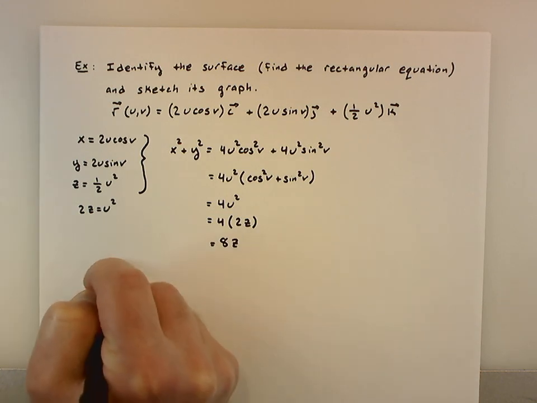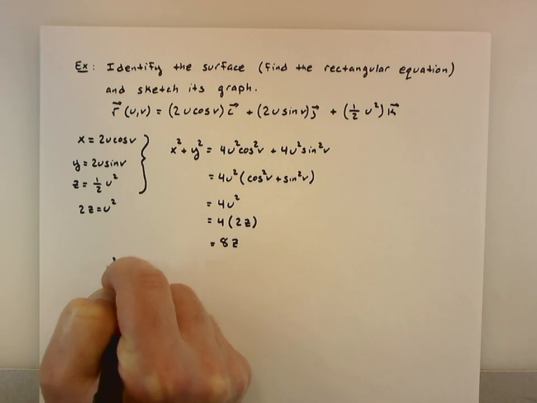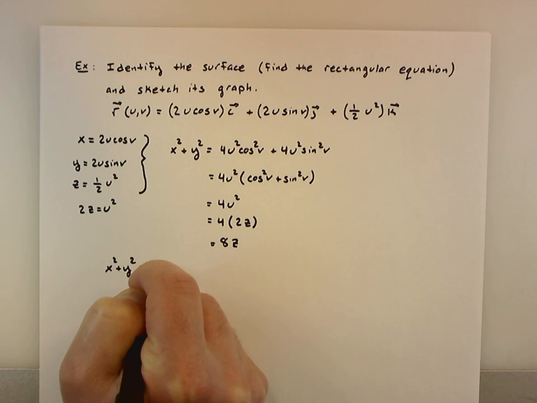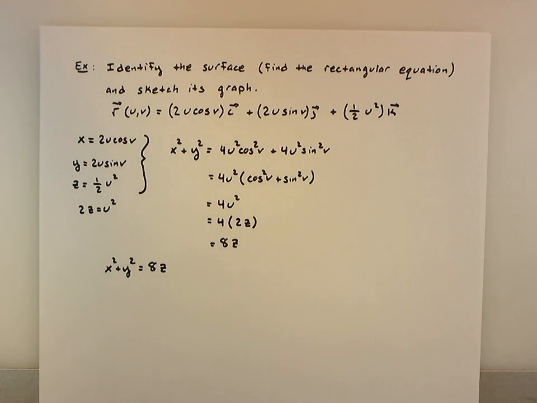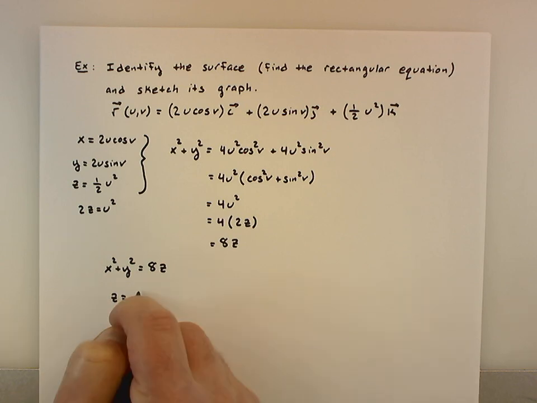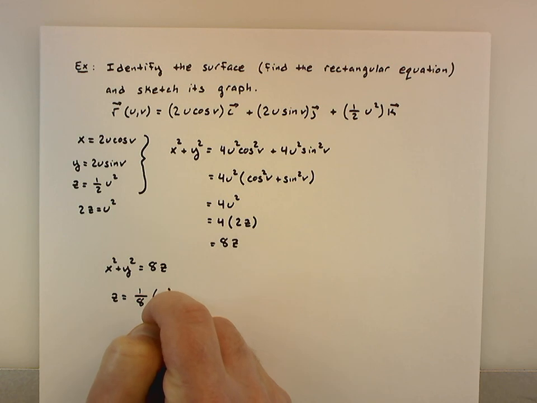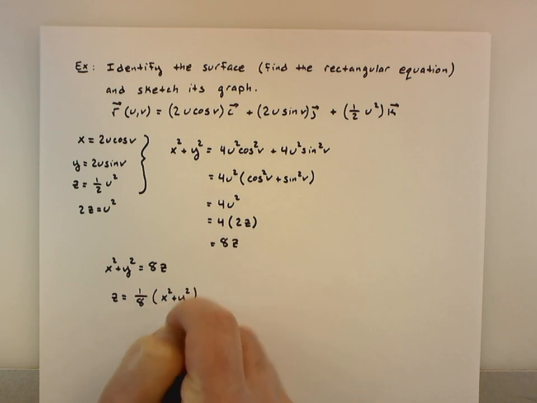So my equation is x squared plus y squared is equal to 8z, or if I get z by itself, z is equal to 1/8 multiplied by x squared plus y squared.